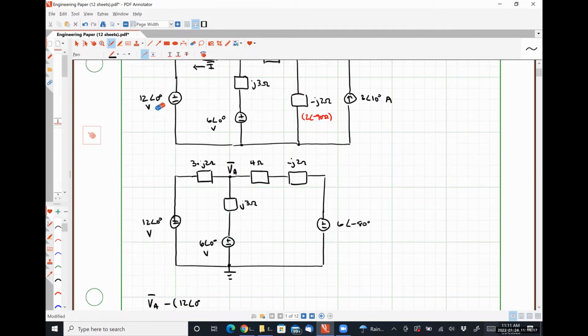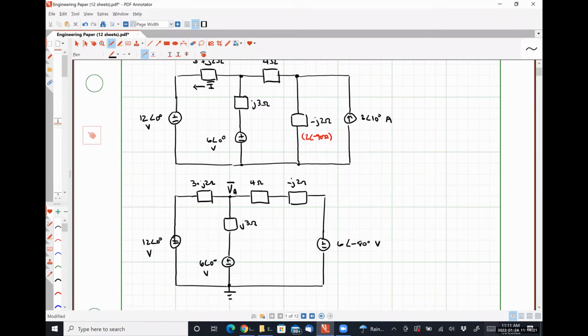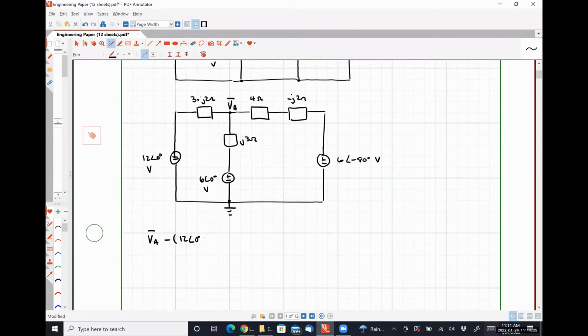Not that it particularly matters, but divide this by 3 plus j2 ohms.